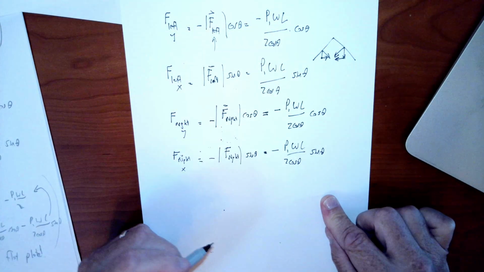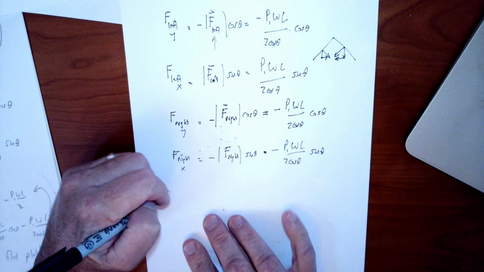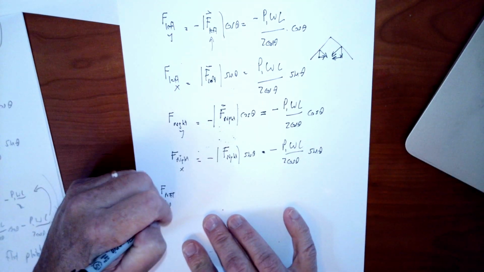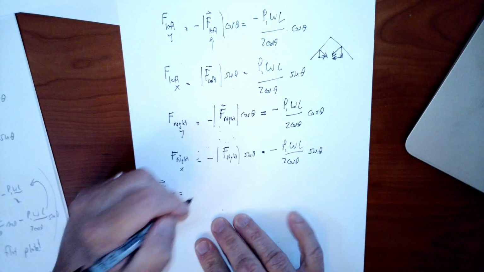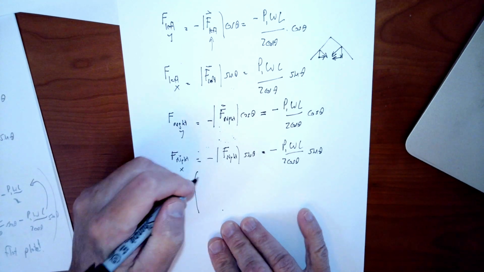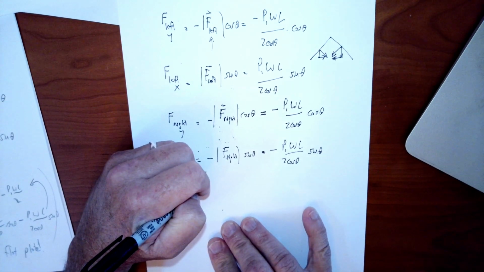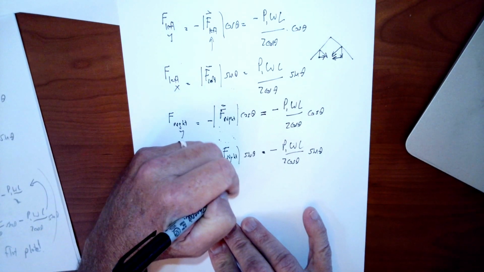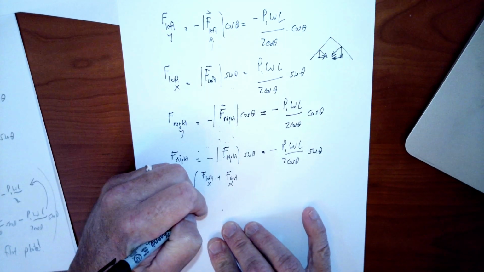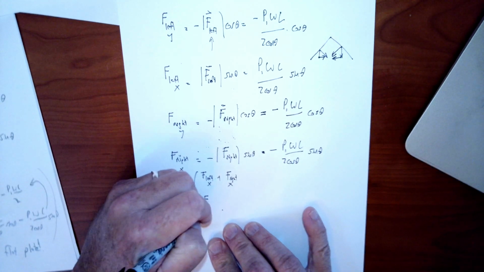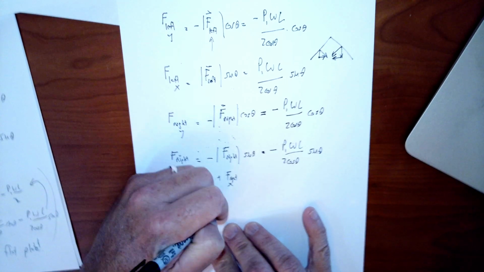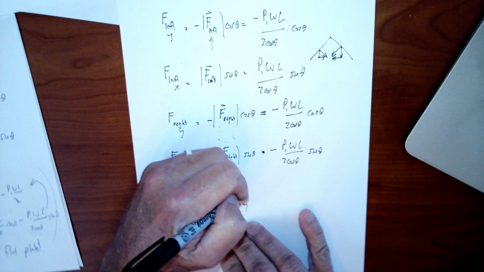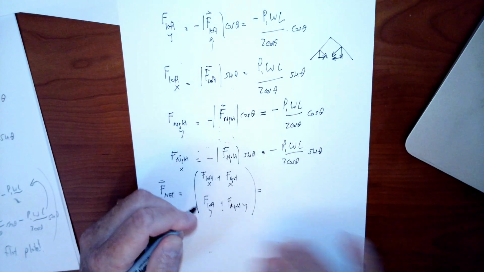And now I can add those all up to get my F net top. So here's my net force that's exerted by pressure on the top surface. So obviously it's F left x plus F right x, and the second entry in the vector, F left y plus F right y. And I have terms for all of those.